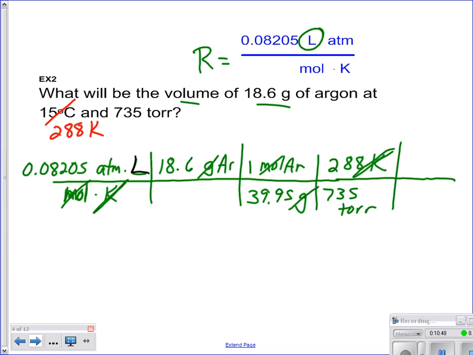So I've got pressure in the numerator, pressure in the denominator. Now all I have to do is get them to cancel. So atmospheres needs to go down here, torr needs to go up here. 1 atmosphere, 760 torr. Everything cancels beautifully except the liters. And let's see what people come up with.